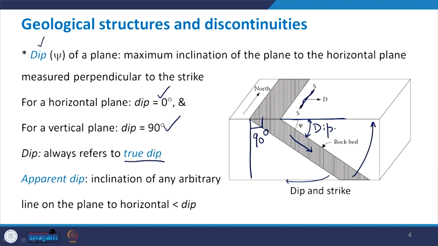Now if this is true dip, what is apparent dip? Apparent dip is the inclination of any arbitrary line on the plane to the horizontal. This apparent dip will always be less than the dip or true dip.